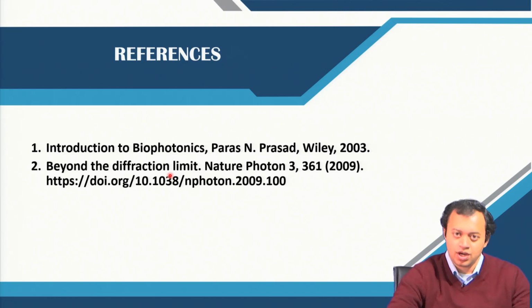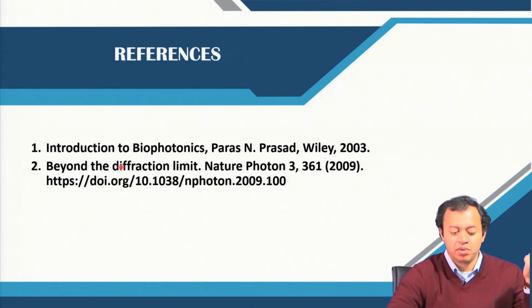I will be telling you, no doubt about it. These 2 classes are merely the trailer. I will be discussing in detail in the next 3 classes what we can do and what the future of imaging, bioimaging, is according to biophotonics. But it will be better if you just go through this reference, Beyond the Diffraction Limit, published in the very prestigious journal Nature Photonics.